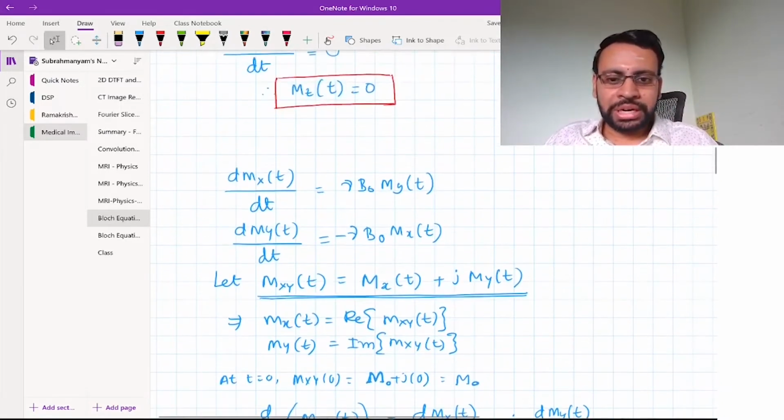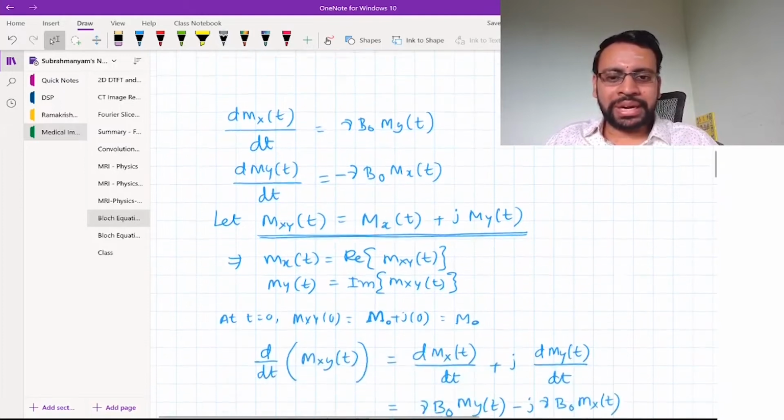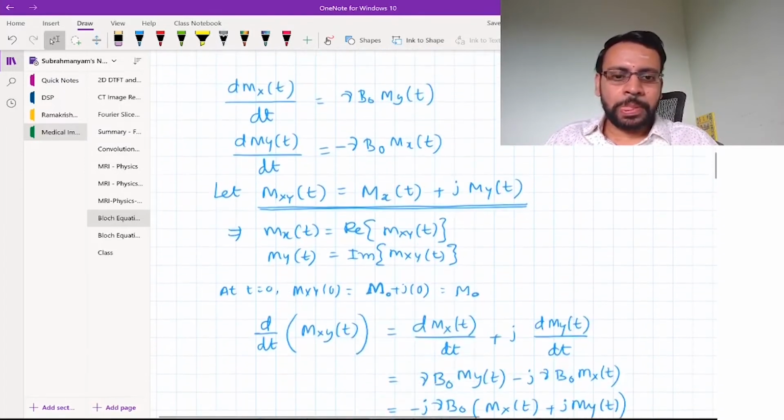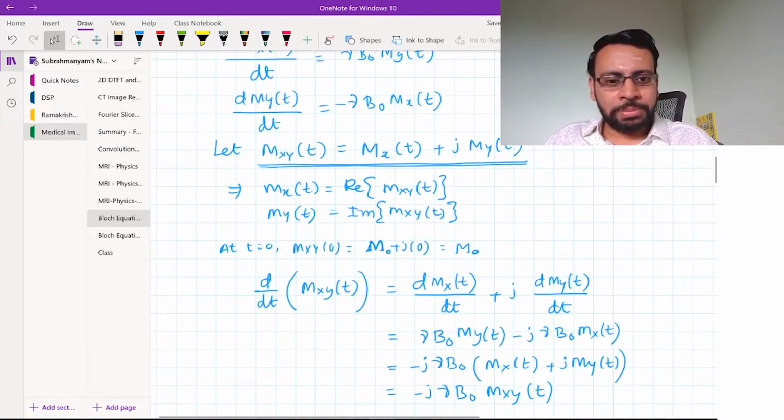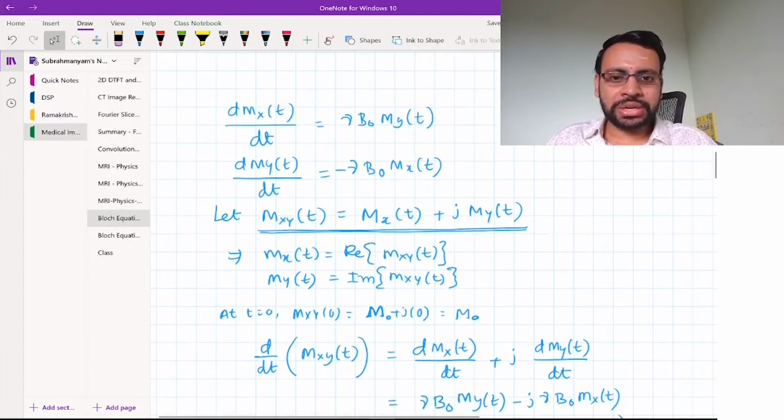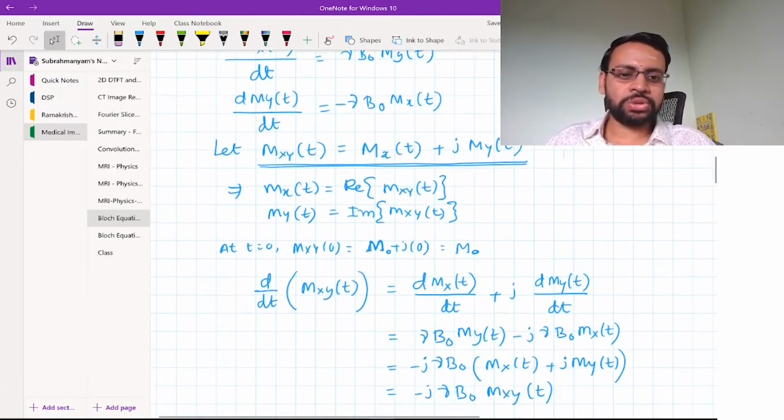So the derivative of Mxy of t by dt would be equal to the derivative of Mx of t by dt plus j times the derivative of My of t by dt. Since you have considered this is your equation, right? You take the derivative of this with respect to t equal to the derivative of this term with respect to t plus j times the derivative of this with respect to t.